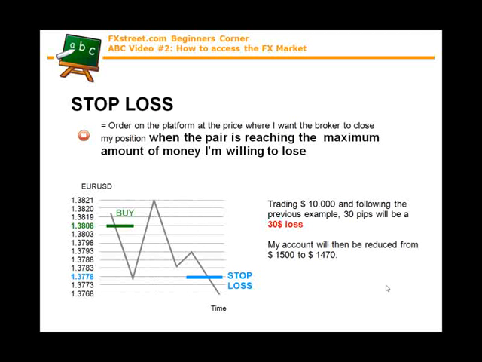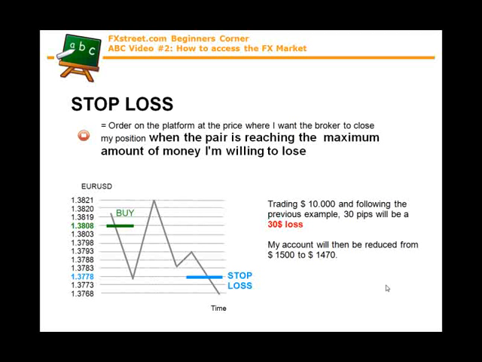As an example, again, if I buy euros at 138.08 and I'm willing to risk or lose no more than 30 pips, my stop loss should be then placed at 137.38. Trading $10,000 and following the previous example, 30 pips will be a $30 loss.